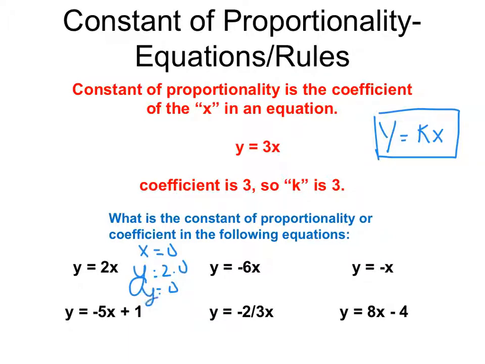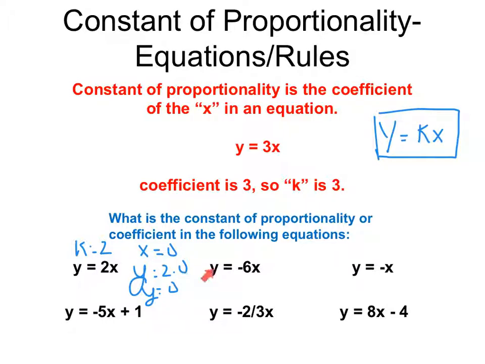So y is 0 and x is 0, and if I graphed that for this equation, I would have my line going through the point (0, 0), which does show direct variation. So in this example, my k is 2, and this is a proportional relationship.